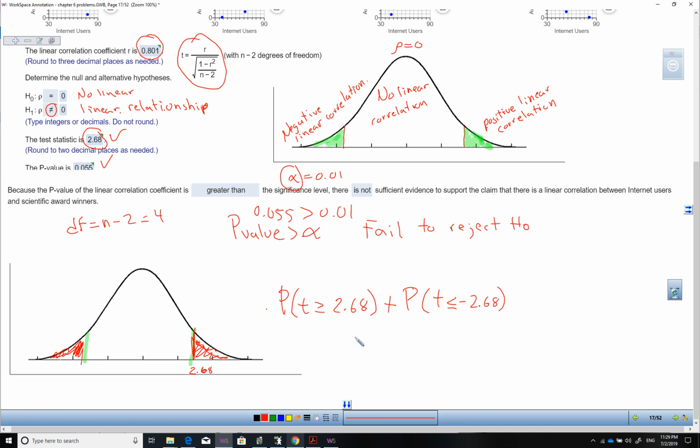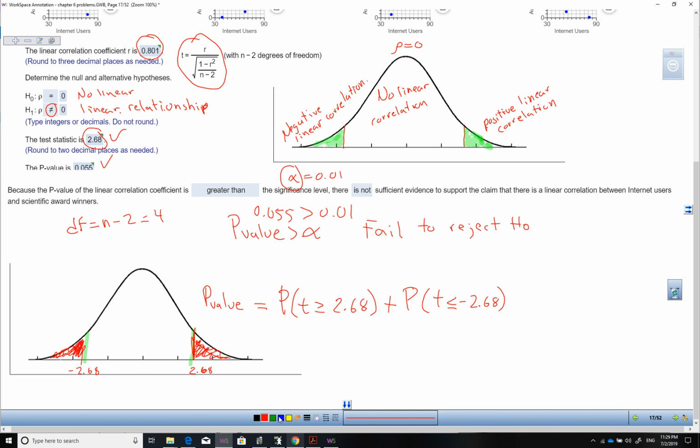Okay, so because it's a two-tailed p-value, the p-value is this area plus this area.